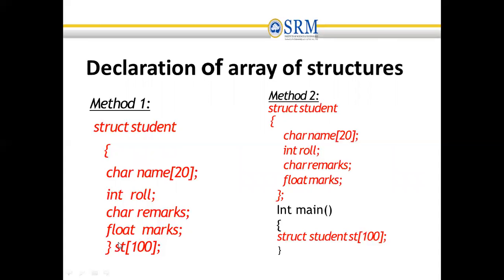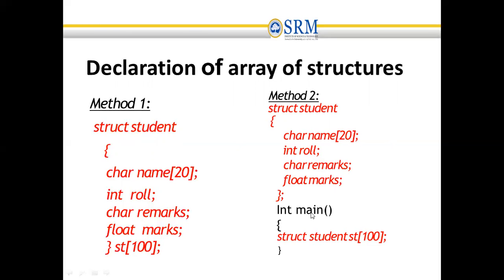So this is like st0, st1, st2, st3, up to st99. So st[100] encompasses 100 array indices. This is how the declaration will be interpreted by the compiler.